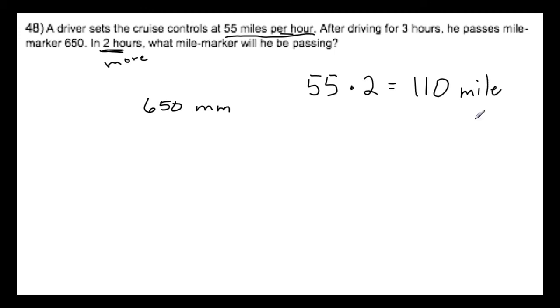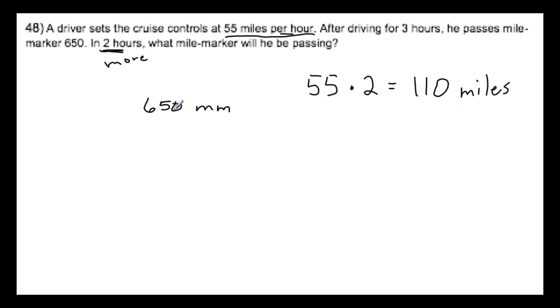Okay, well, we're at 650. Mile marker, call it MM. He's going 55 miles per hour. So in 2 more hours, where will he be? Well, this one's a fairly easy problem to solve. I take my 55 miles per hour and I multiply by 2 more hours, and that's going to give me another 110 miles he's going to drive.